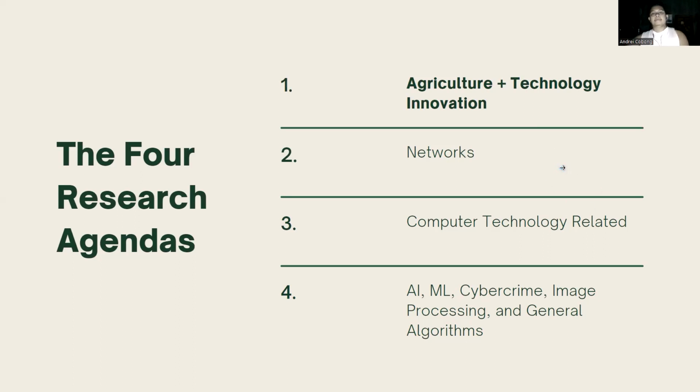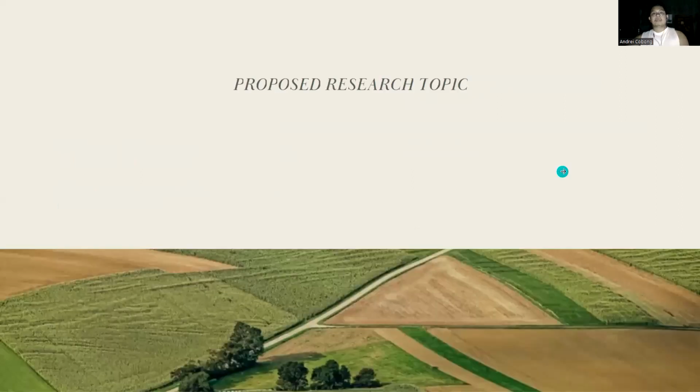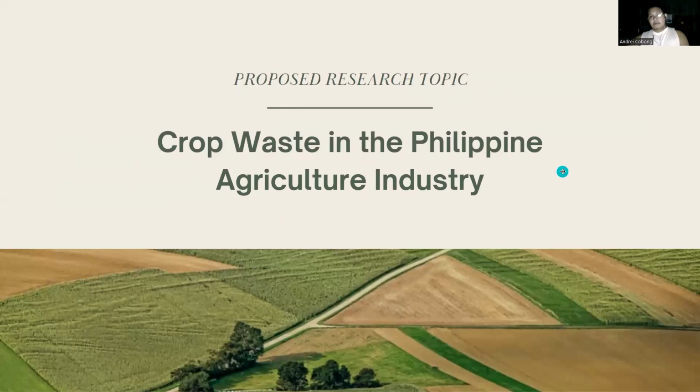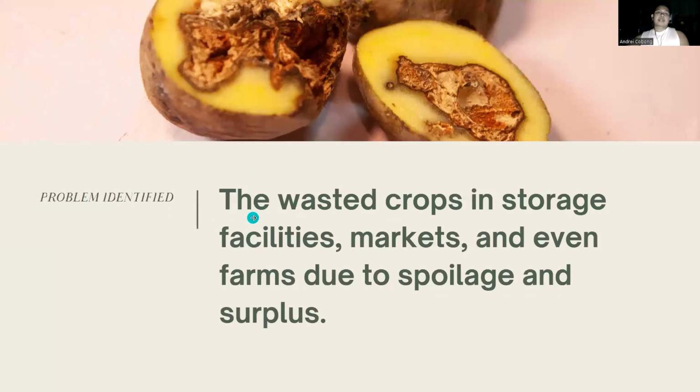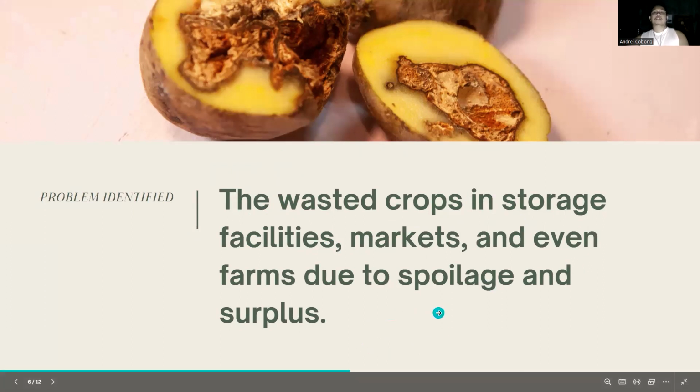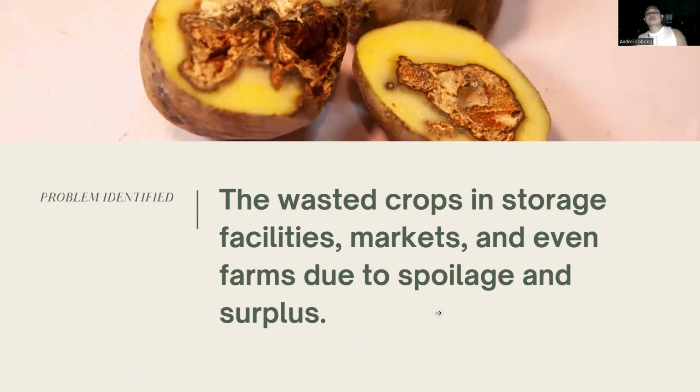So the proposed topic of our research is the crop waste in the Philippines agriculture industry. And the problem we identify is the waste of crops in storage facilities, markets, and even farm due to the spoilage and surplus.